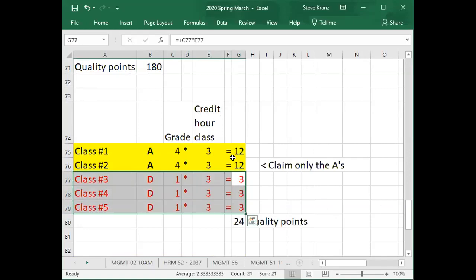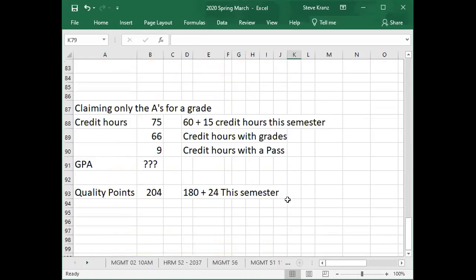Only the classes in yellow will count for his GPA. So, claiming only the classes with an A, John has 75 credit hours, 60 credit hours plus 15 credit hours this semester, but he only has 66 credit hours with grades, right? The 9 credit hours that he got a D in, those classes are just going to be with a pass, not with a grade.